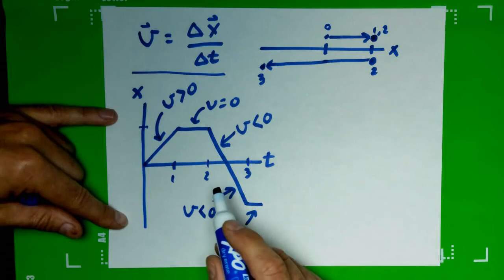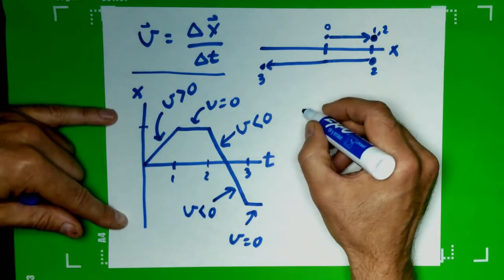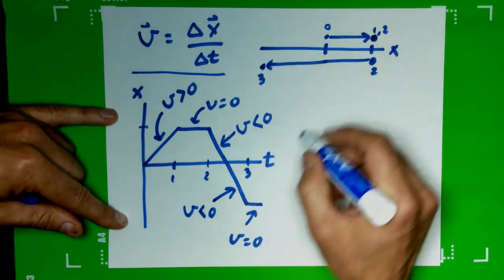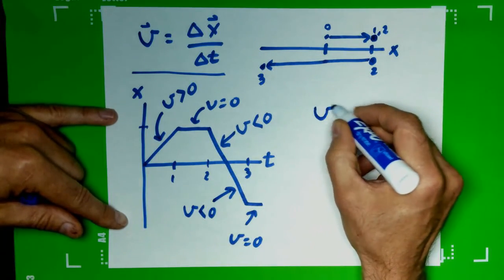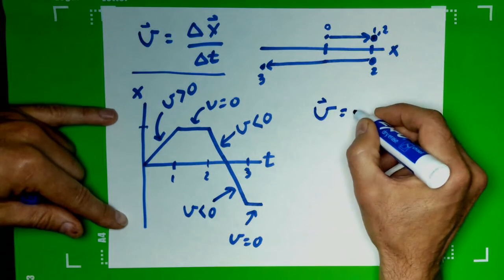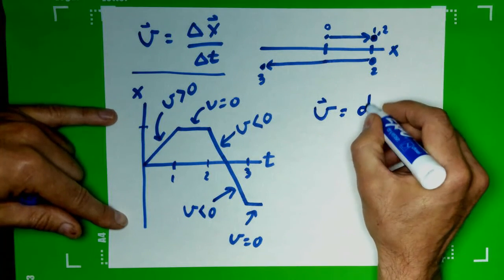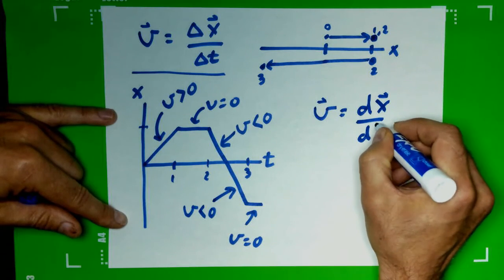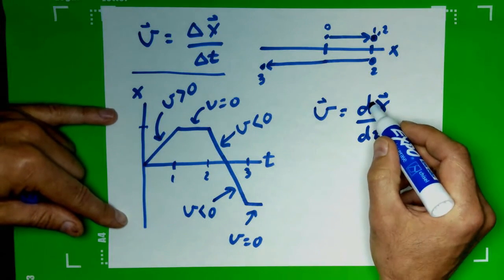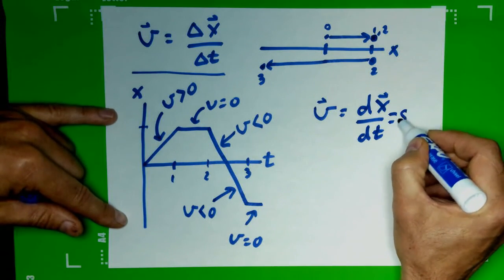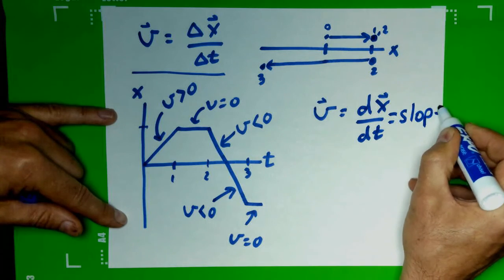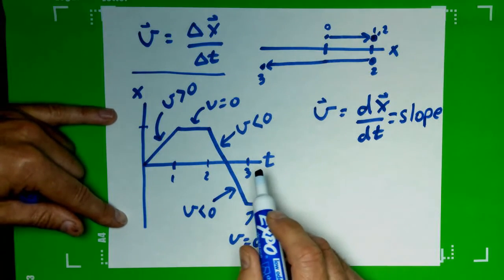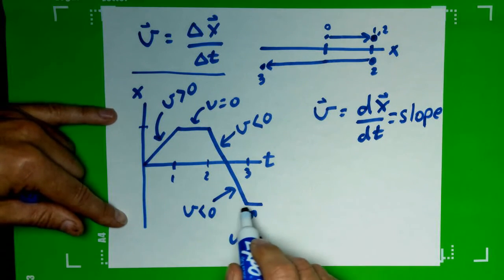So that allows us to say something a little bit differently. No matter where we look, we can rewrite that to say our velocity is actually the derivative of our position as a function of time, because the derivative simply means slope. That's all a derivative really means graphically, it's the slope of the line.